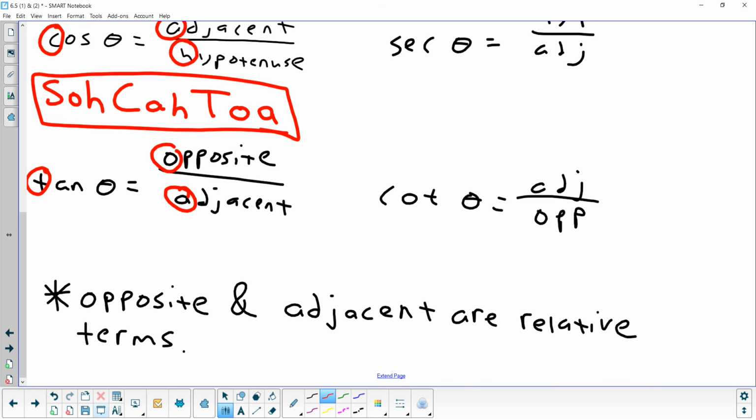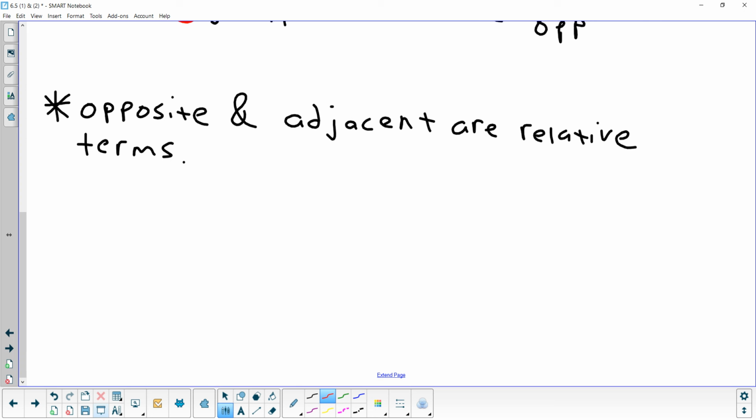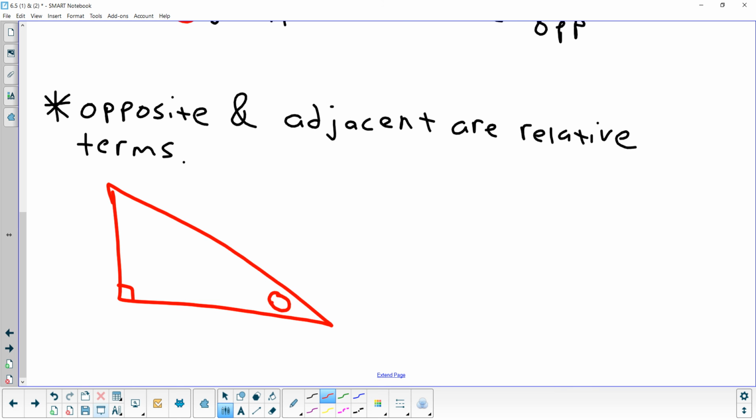So how do you figure out which way you're facing in a triangle? Well, like this. You have to pick an angle that's not the 90. Usually that's not a choice you can make. They'll pick it for you. Let's say we pick this angle down here. That is my perspective.